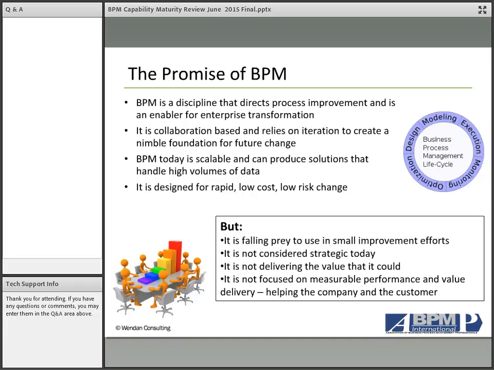Now, the promise of BPM is something that varies depending on who you talk to. But in the first case, we know that BPM is a discipline, and it directs process improvement. BPM itself is looked at in a few different ways.